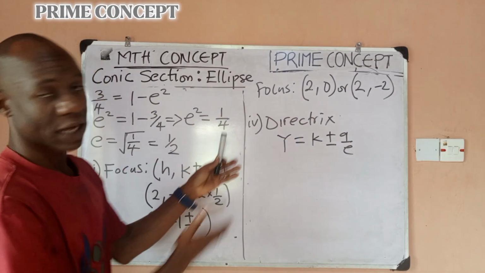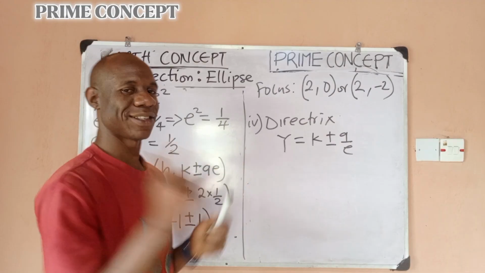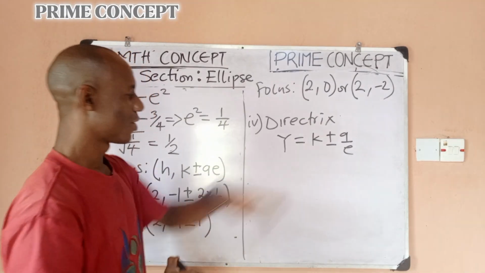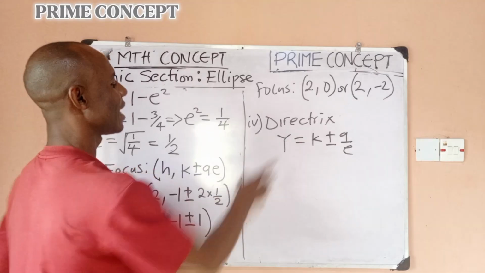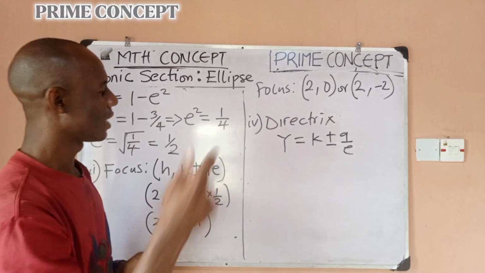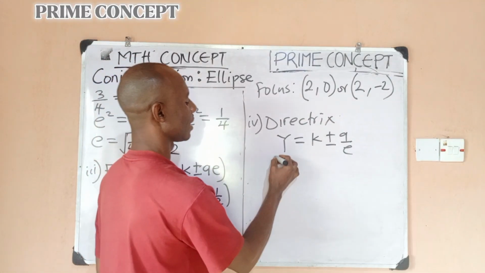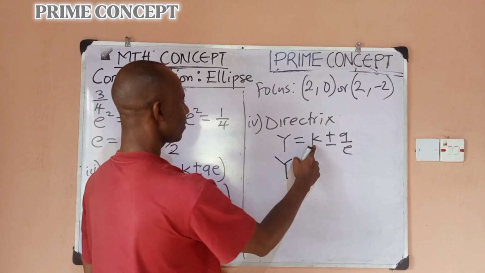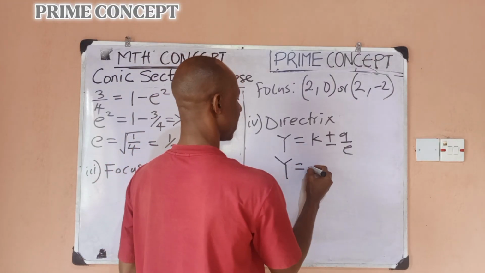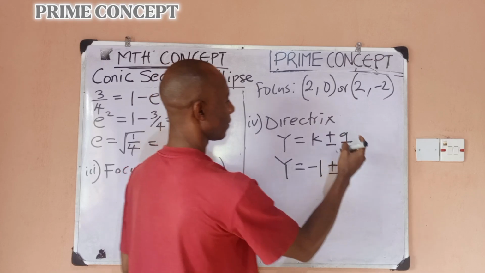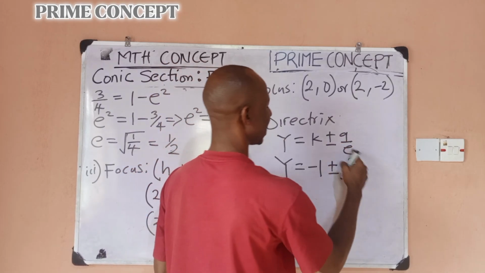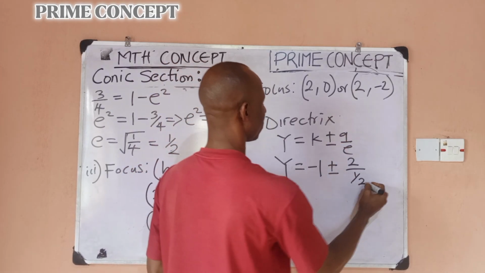So I believe if I leave this, you should be able to finish this and drop the answer in the comment section. So before I finish it, pause the video and drop your answer to the directrix in the comment section. Then come back and confirm your answer. So y is k, and our k is minus 1 plus or minus a, which is 2, divided by the eccentricity, which is 1 over 2.